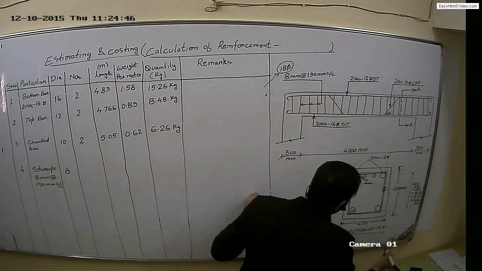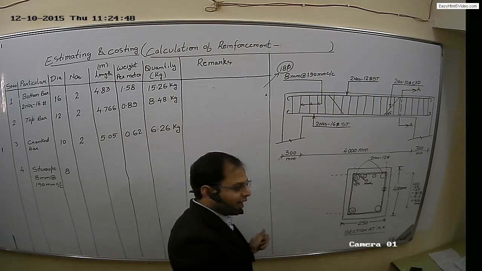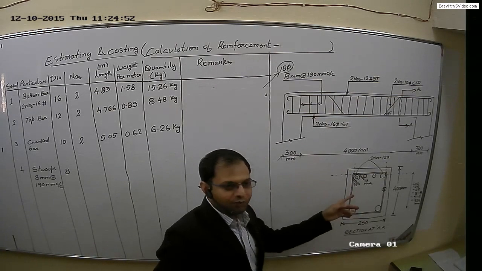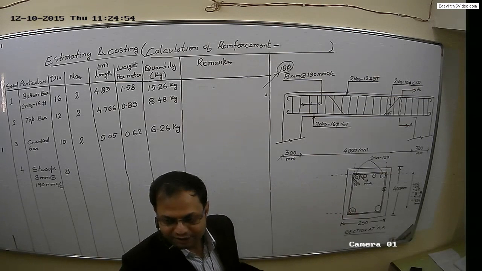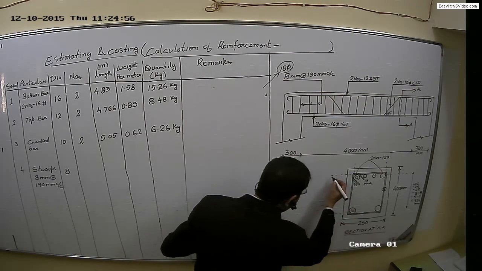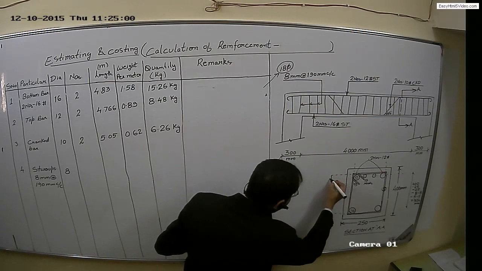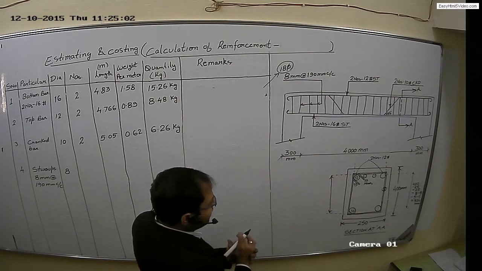You will get the perimeter, then adding the total perimeter plus two numbers of hook, we will get the total length of the stirrups. Okay, now calculate. This length we have to calculate for calculating the stirrups.